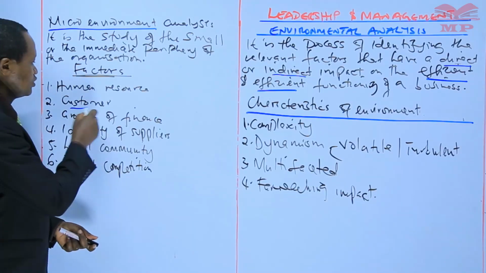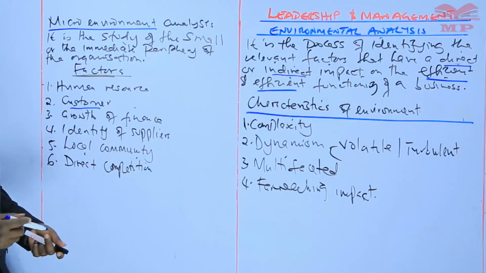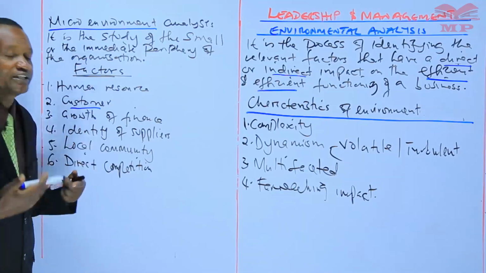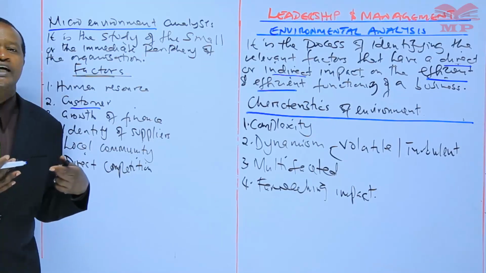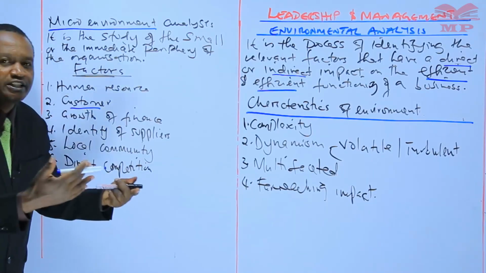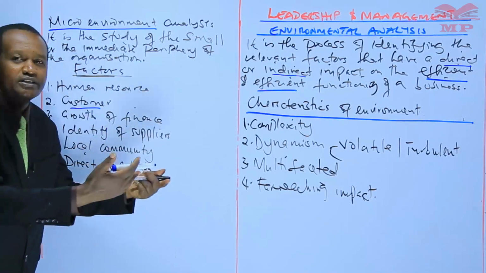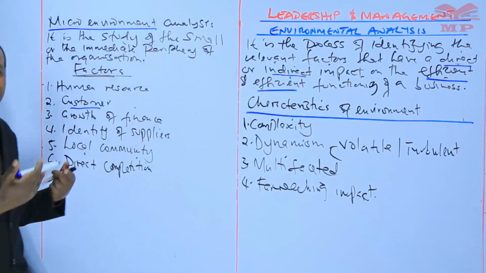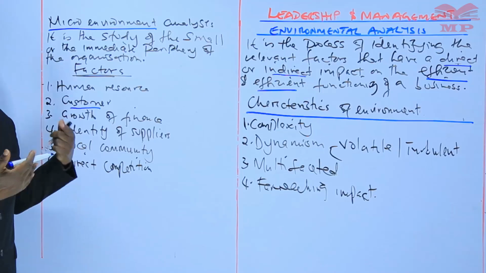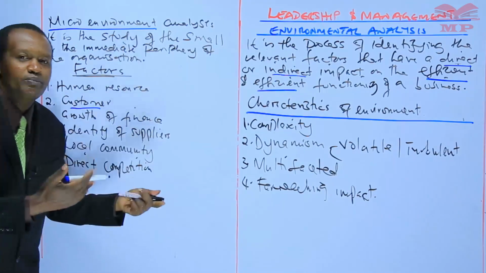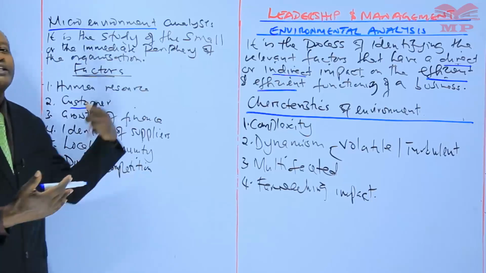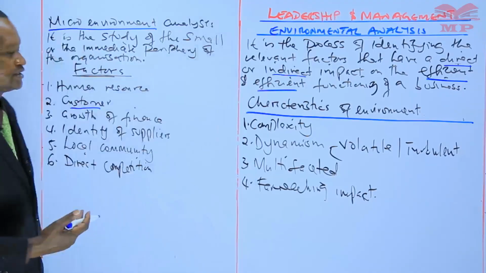Customers, candidates, you know them. These are the people who pay money to acquire the organization's products and services. And an organization's survival depends upon its ability to identify its customers and meet their needs. And the need to meet customers' requirements, therefore, influences the organization's interactions with the competitors and suppliers.